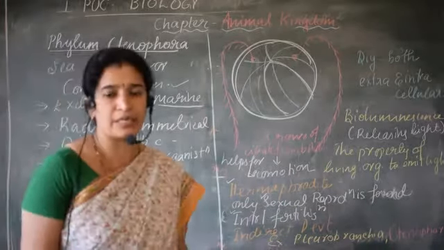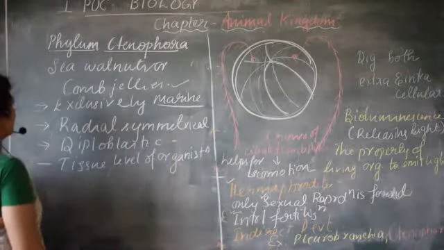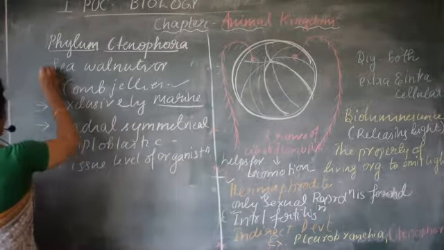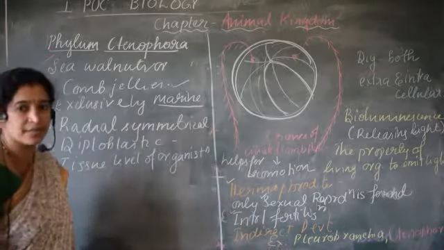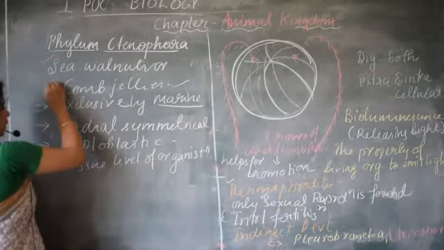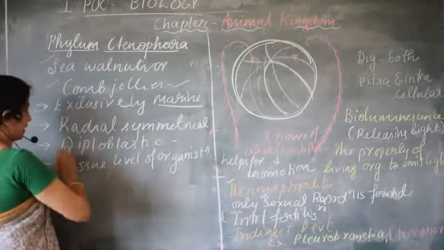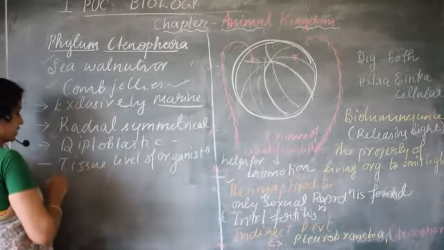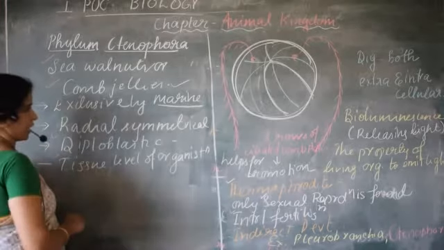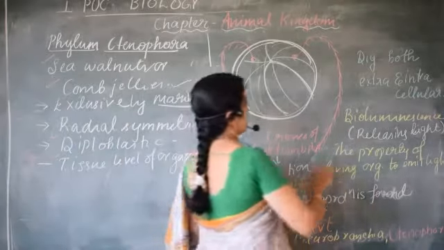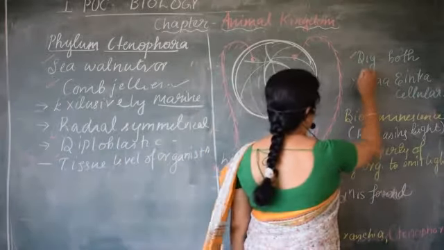So let me repeat once again. Phylum Ctenophora is commonly known as sea walnuts or comb jellies. They are exclusively marine, radially symmetrical, diploblastic, with tissue level of organization, and digestion is both extracellular and intracellular.